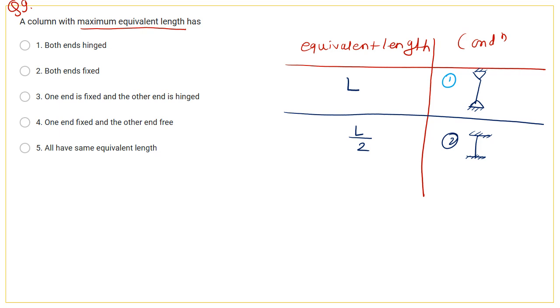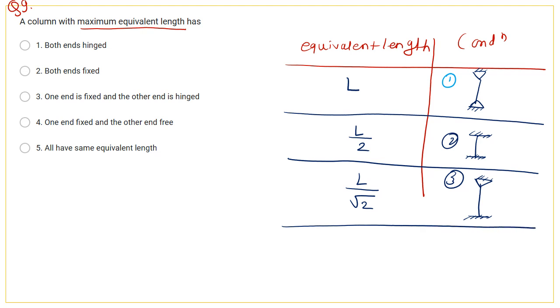The third one is when one end is fixed and another end is hinged, then equivalent length is L by root 2. The fourth one is if one end is fixed and another one is free, then the equivalent length is 2L.